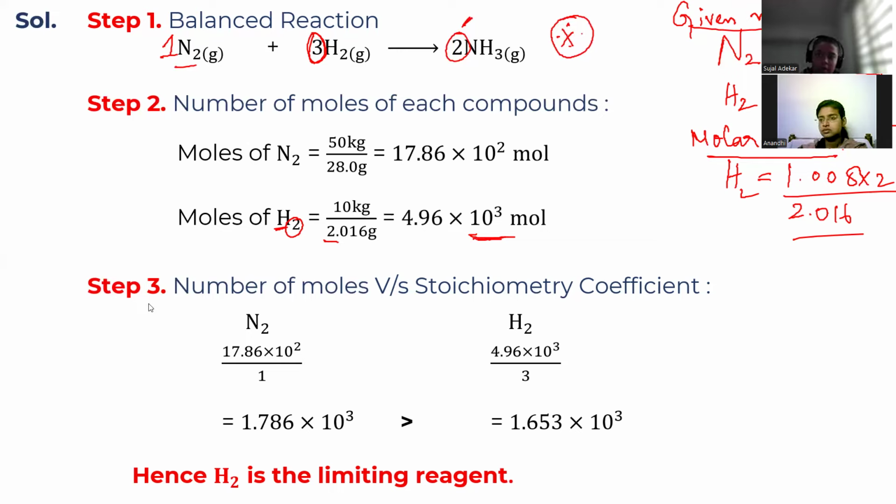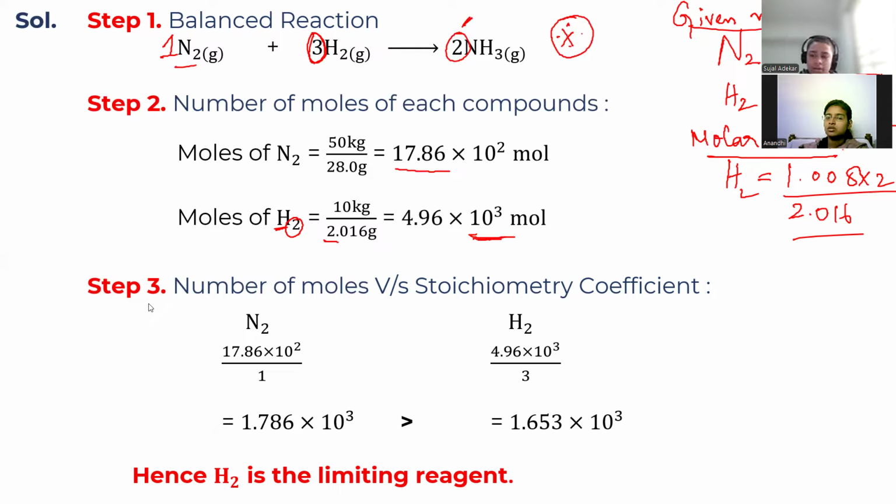When I divide 50 by 28, should I write the answer in the form of this equation here, or can I write it in fraction form also? Fraction in the sense, what are you asking? In this one, you wrote moles of nitrogen is equal to 50 by 28.